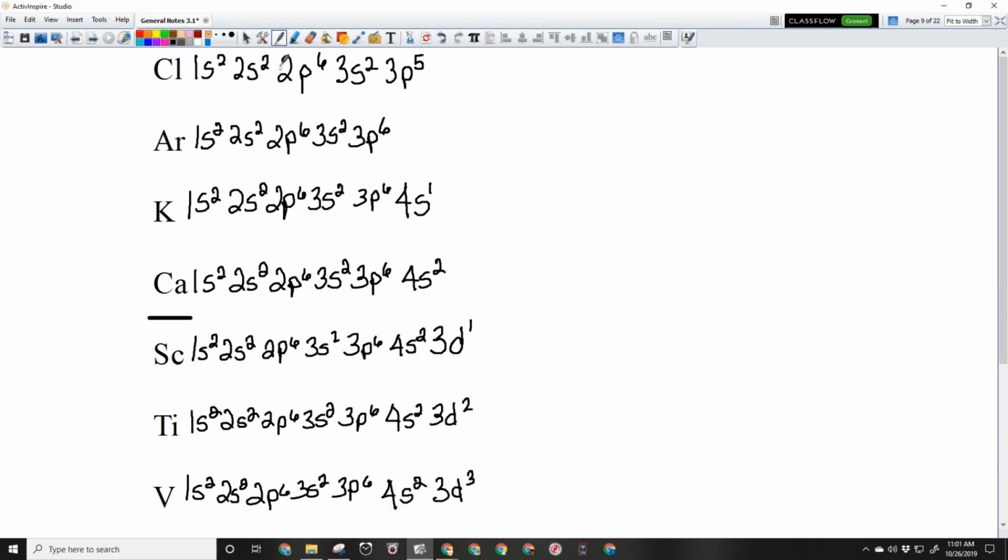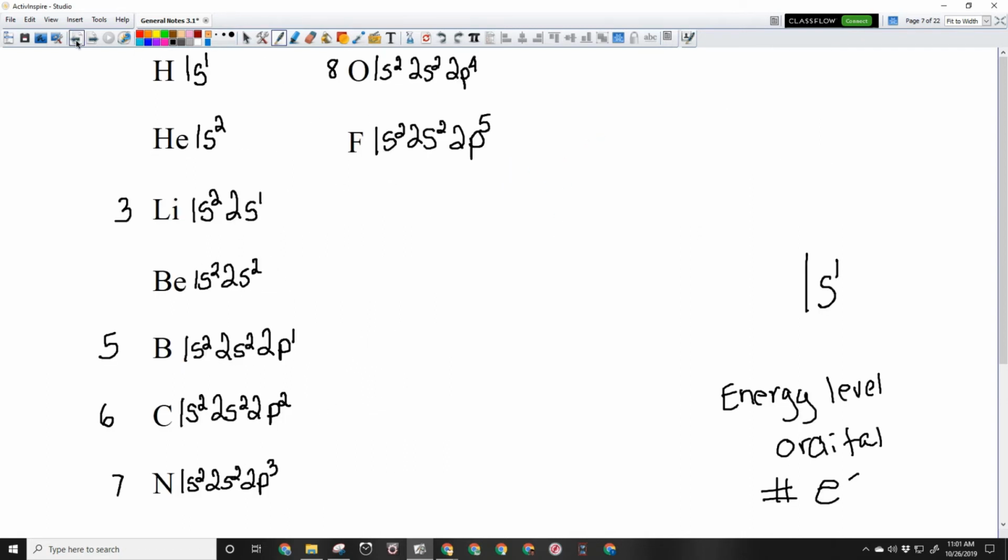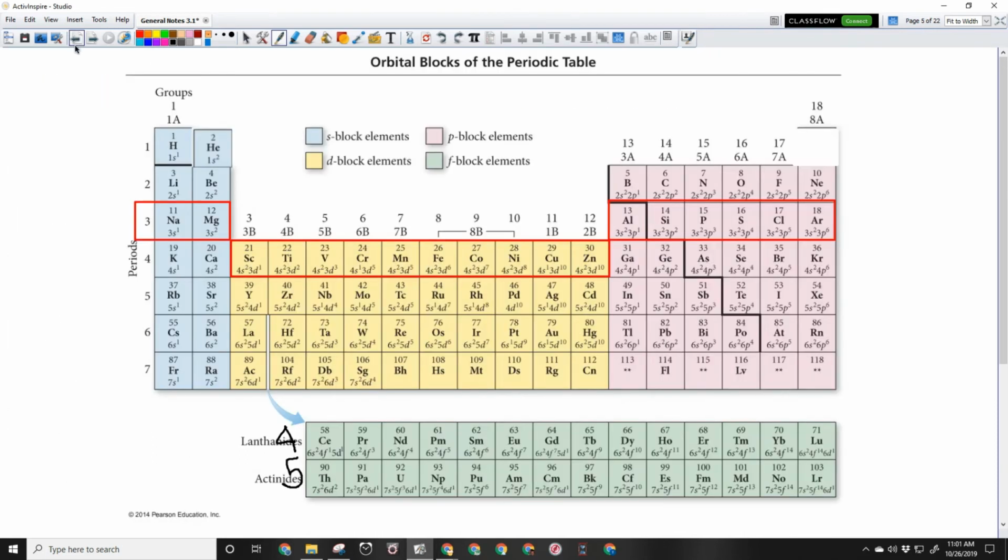All right. So I'm going to show you here what's called the shorthand electron configuration, or sometimes it's also called the noble gas configuration. Okay. And the way that works is you take an electron configuration, these can get really, really long.